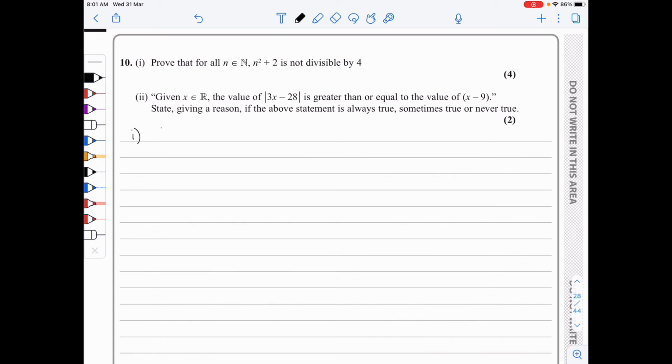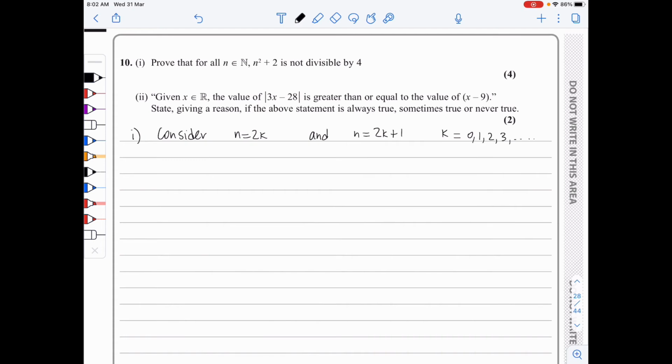So consider n is 2k and n is 2k plus 1 for k in the naturals. This means I've just reconstructed the set of positive integers. Actually, to be correct, I also need to include the value of 0 for k. So I'm just going to say k is 0, 1, 2, 3, and so on.